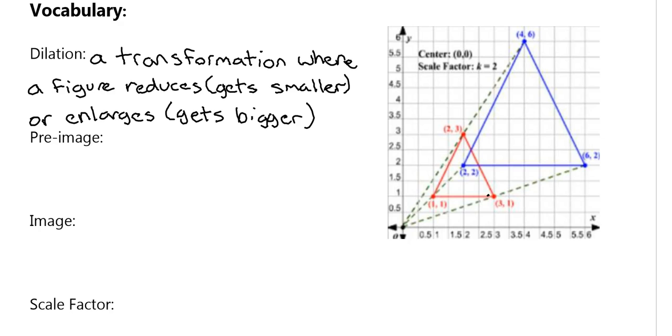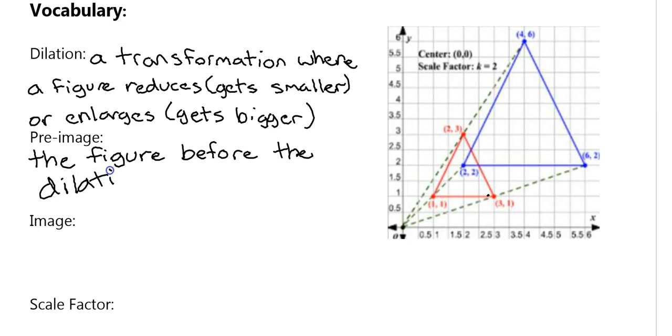Then we have what we call the pre-image. The pre-image is the figure before the dilation. In this picture, the red triangle is our pre-image. That's where it started. And then our image is the figure after the dilation.